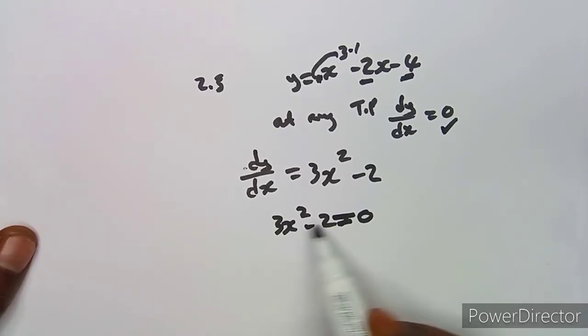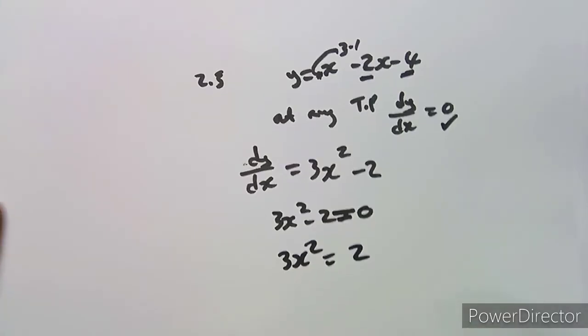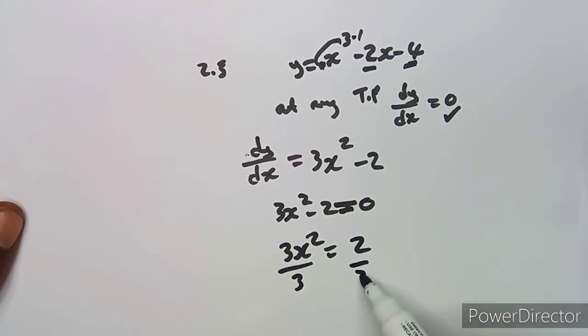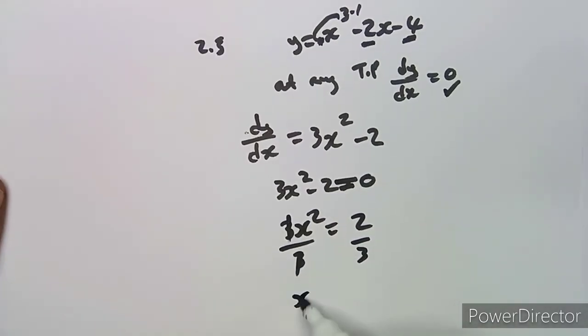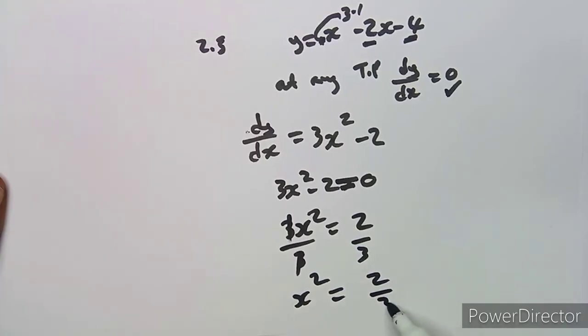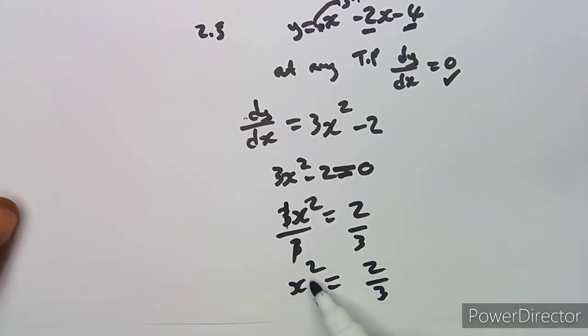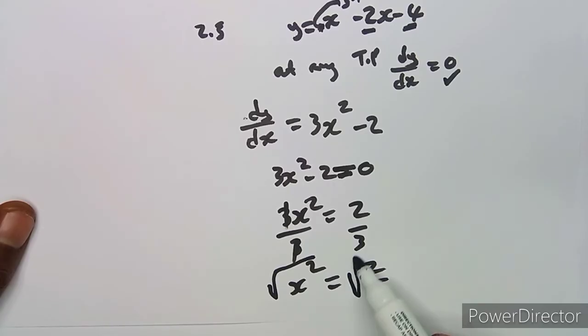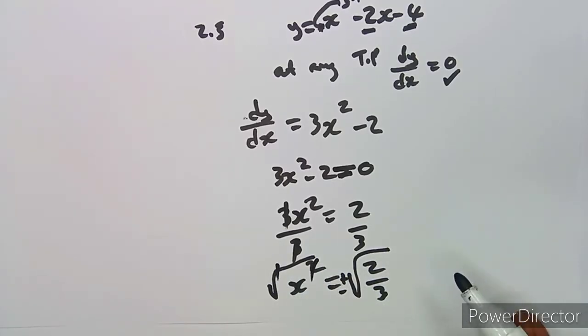How can we solve for x? Just transpose to the right hand side. Minus 2 is going to be positive 2, divided by 3. So x squared is equal to 2 over 3. How can I find x if this is x squared? You have to find the square root, and take note that the square root of any number is a plus or minus.